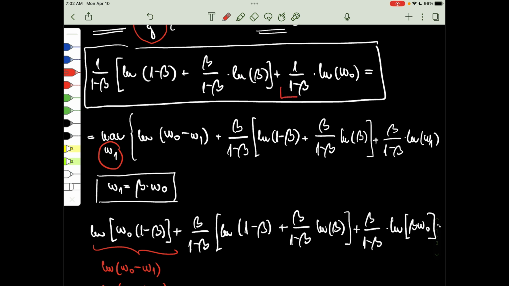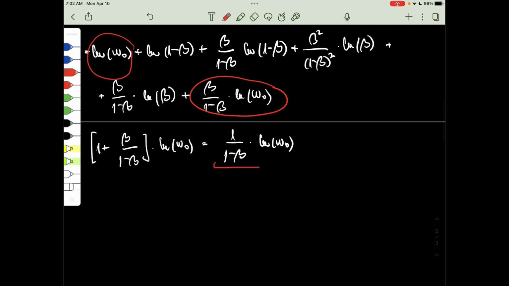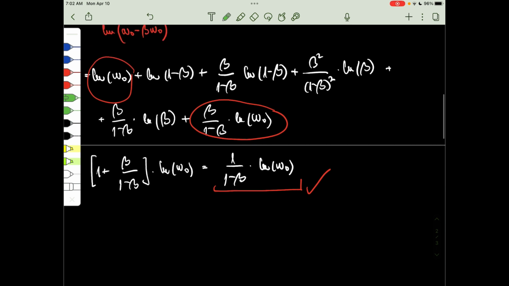So, this is what we actually have. So this is alright. Next, the next sum is the items with 1 minus beta. Okay.